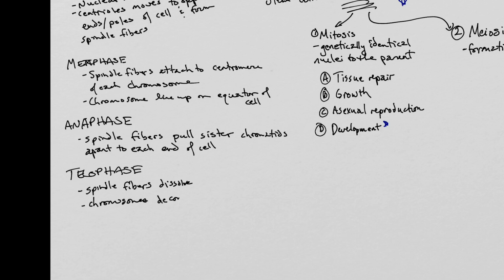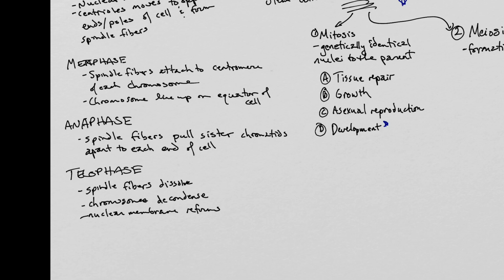And when they decondense, you can't really see them under the microscope anymore. They uncoil. They unwind. The nuclear membrane reforms. And then our last process starts. Now, all of this right here is mitosis.